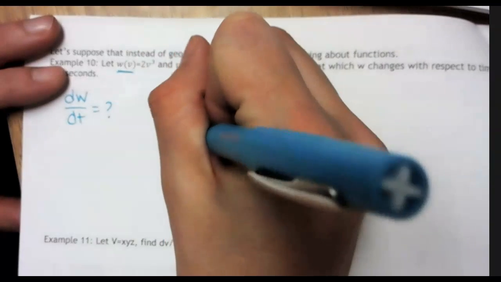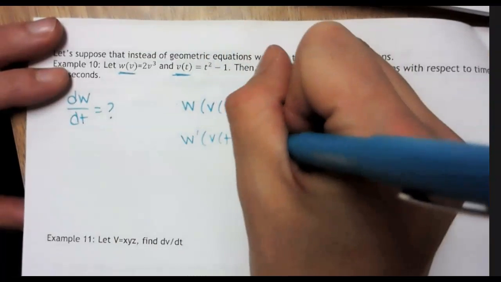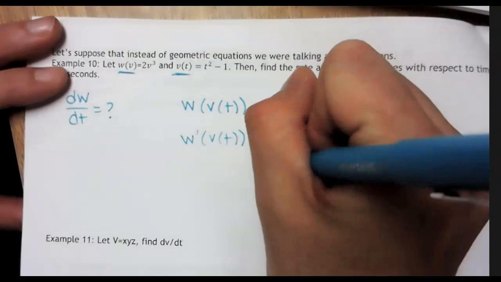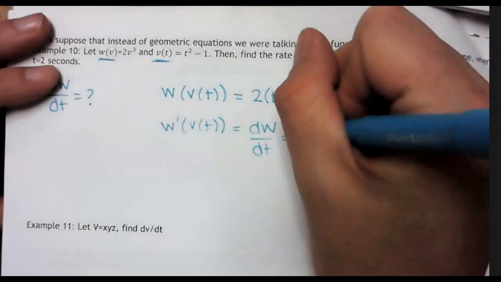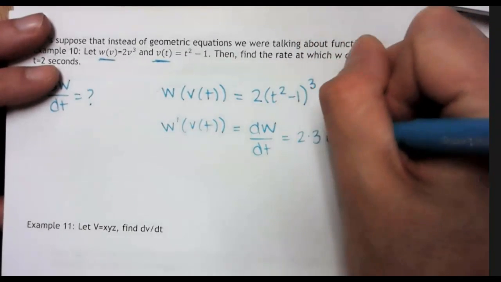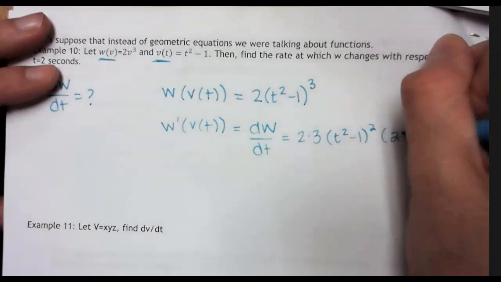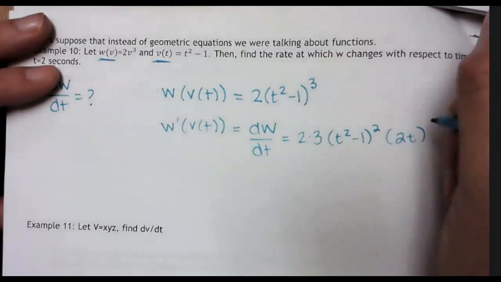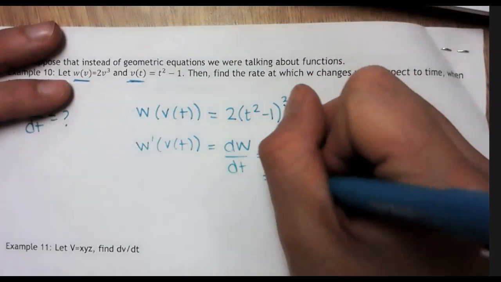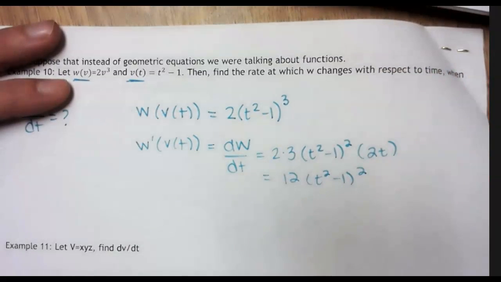So w prime of v of t would be the same as saying dw/dt, which is the equivalent of 2 times 3 times t squared minus 1 squared times 2t, or 12t times t squared minus 1 squared.